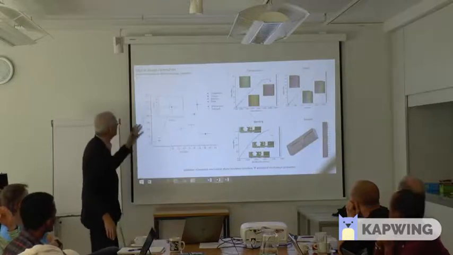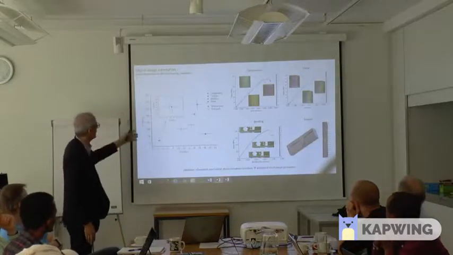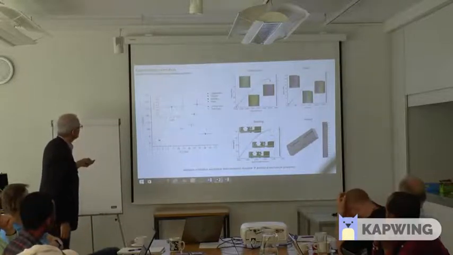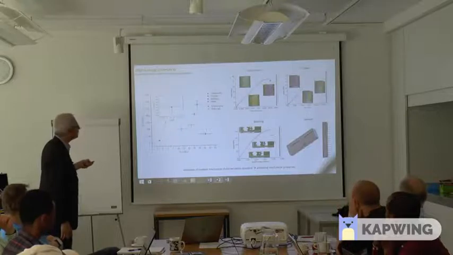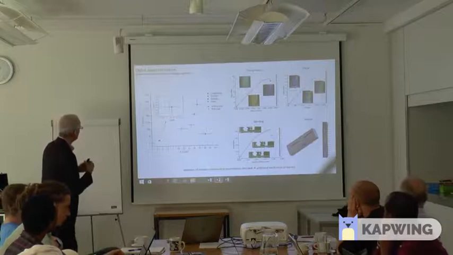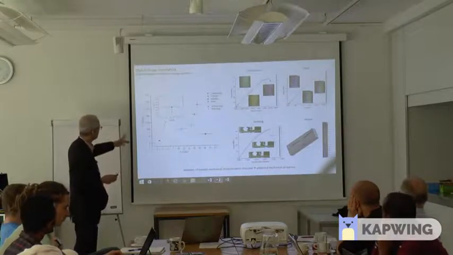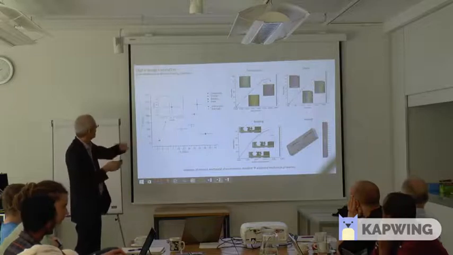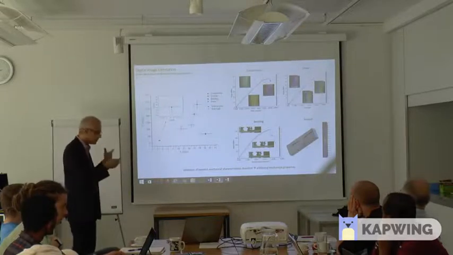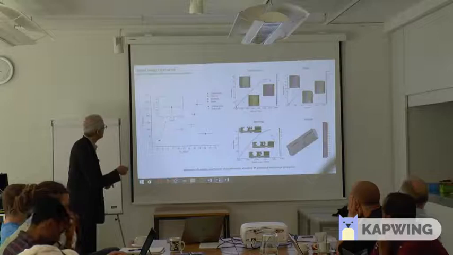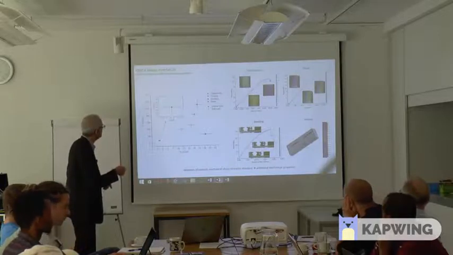So we can see here compression, shear, bending, tension, and with the interference of the node or without the interference of the node, and we can compare the different types of strength with the modulus corresponding to each kind of loading. Just taking one example, this is for direct tension, this is the blue.